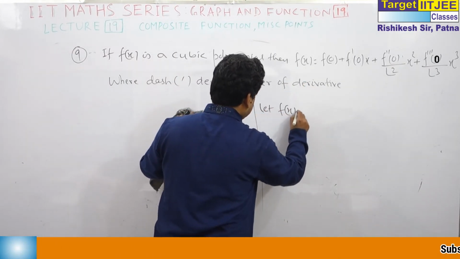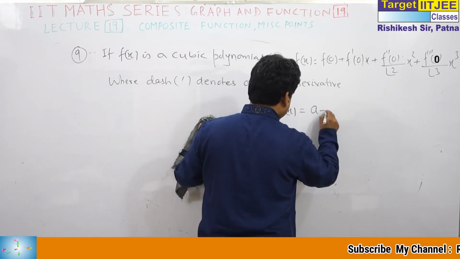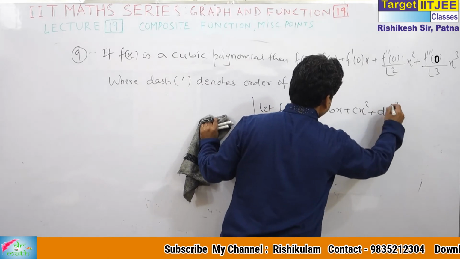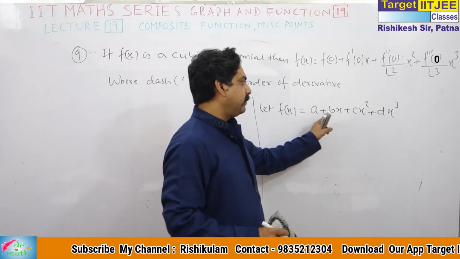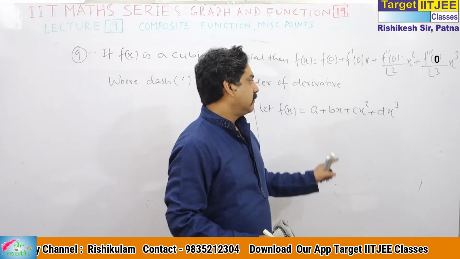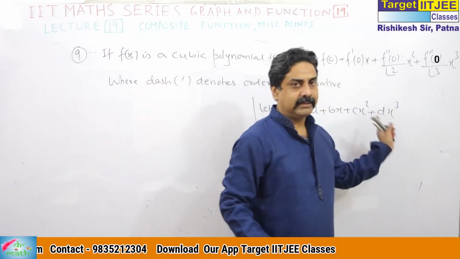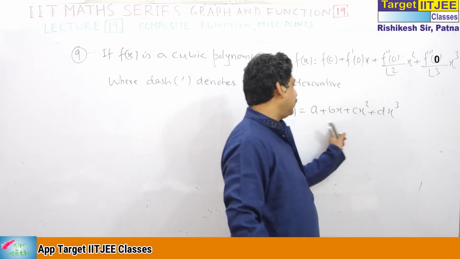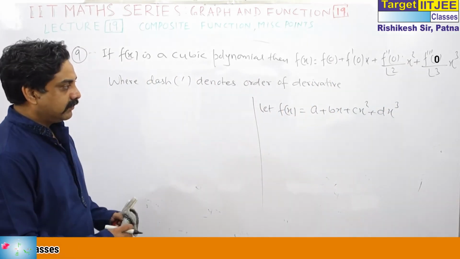let f(x) is equal to a plus bx plus cx square plus dx cube. I can also take ax cube plus bx square plus cx plus d, but in order to match this, I am taking it in this order. Since this power is given in increasing order, so I am taking this. Now, come to this.